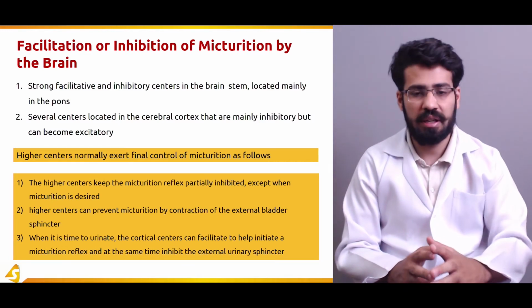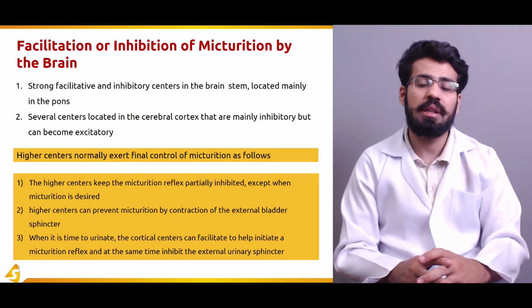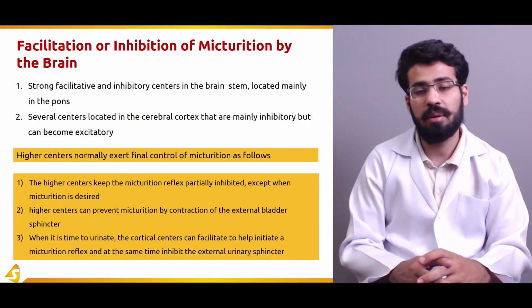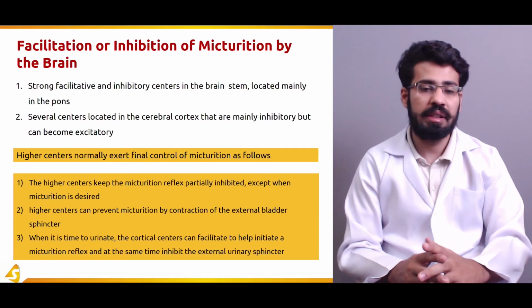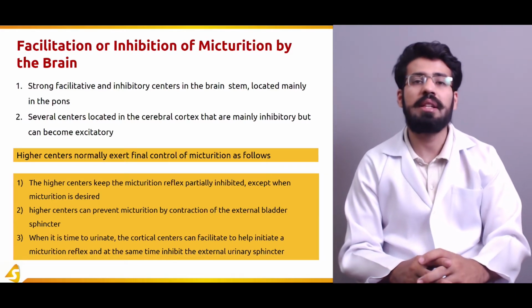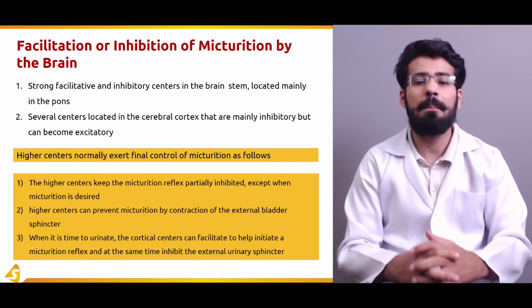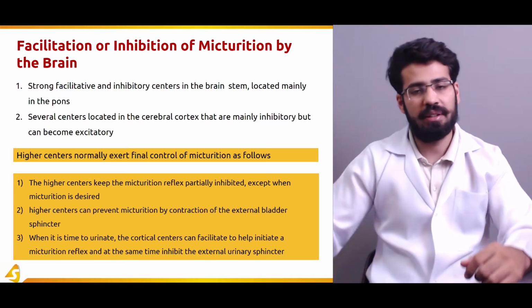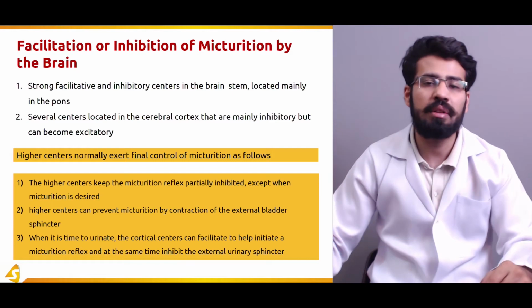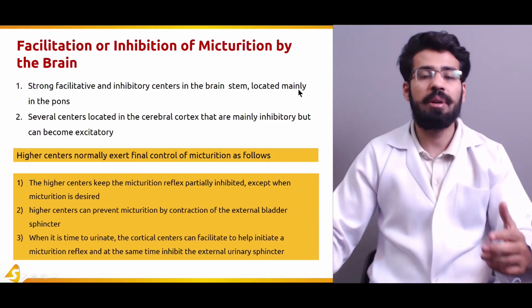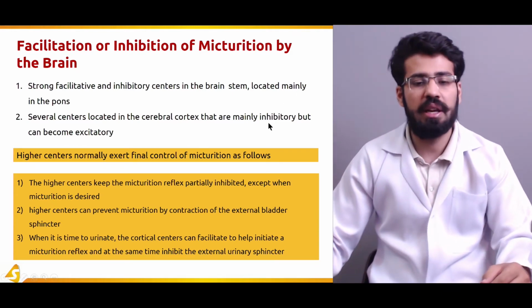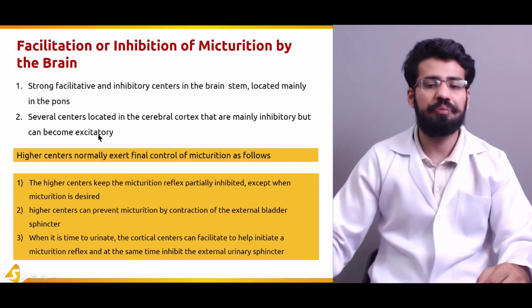The strong facilitative or inhibitory centers in the brain are located mainly in the pons. Also, there are several centers located in the cerebral cortex that are mainly inhibitory, but they can become excitatory. We are going to discuss in detail how they are inhibitory, and in what particular scenarios they can become excitatory.